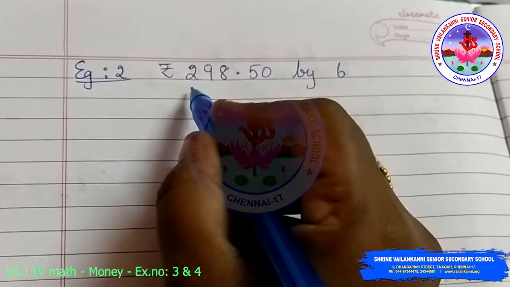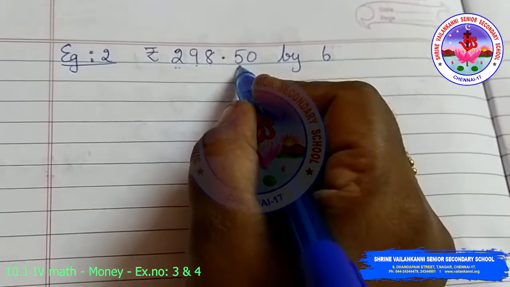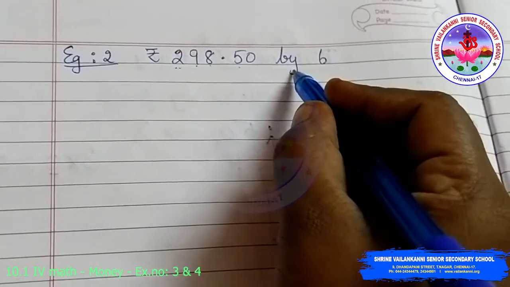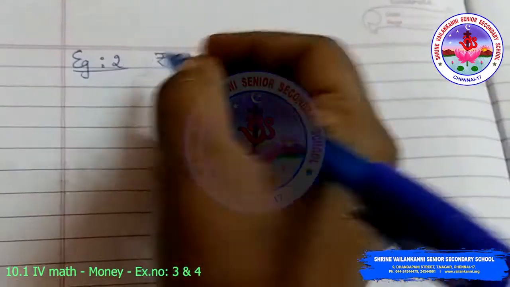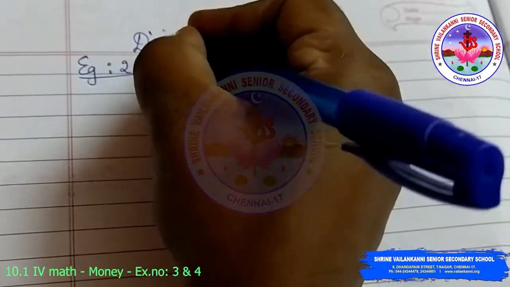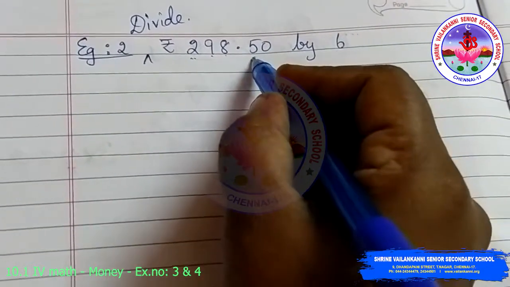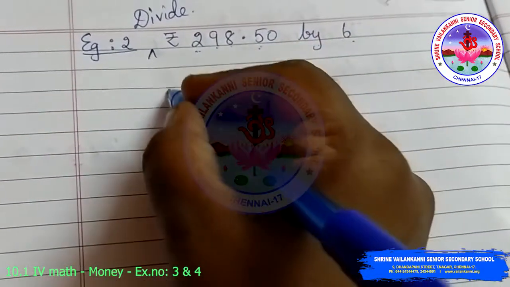The next sum: 298 rupees 50 paise has to be divided by 6. Divide rupees 298.50 by 6.